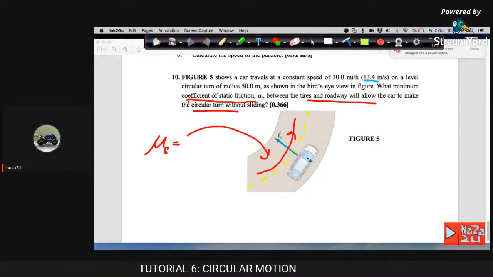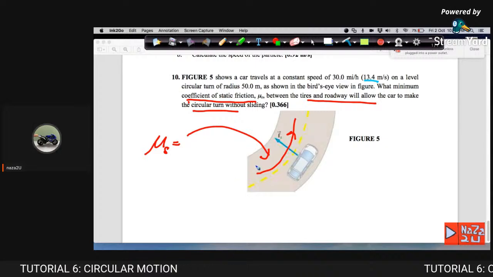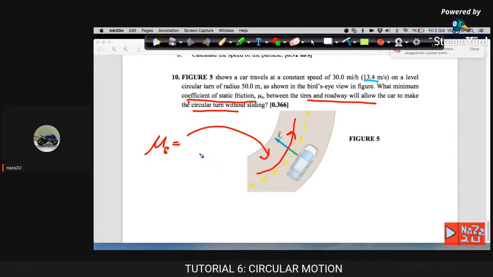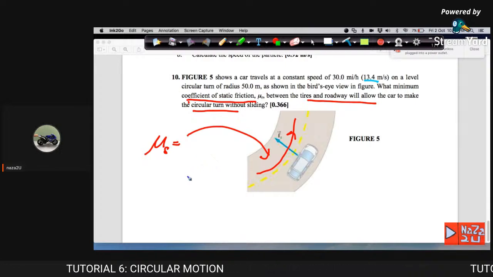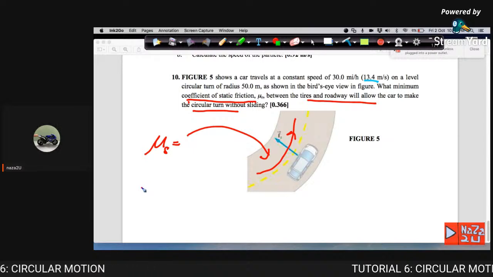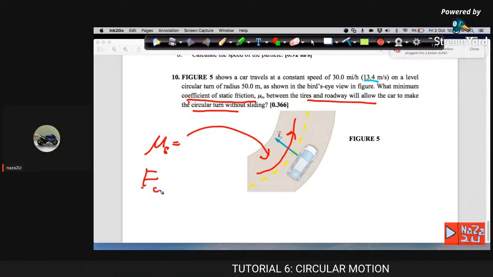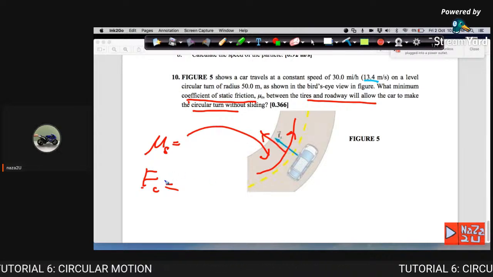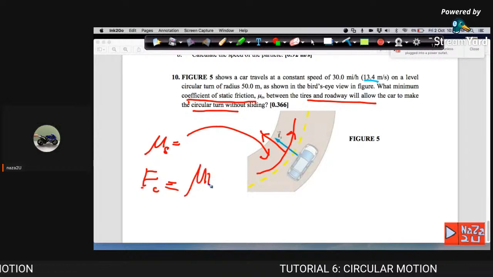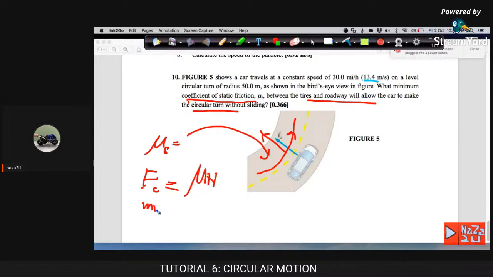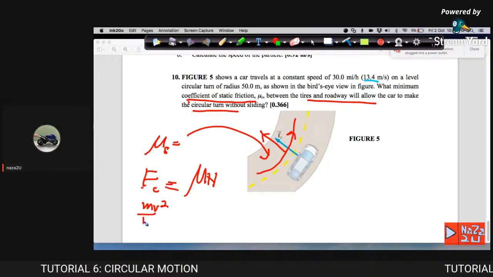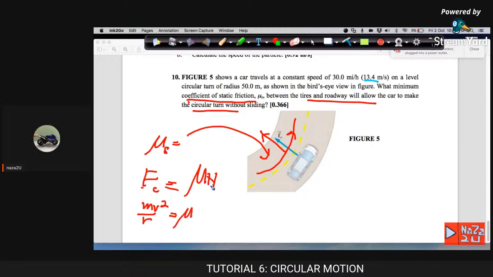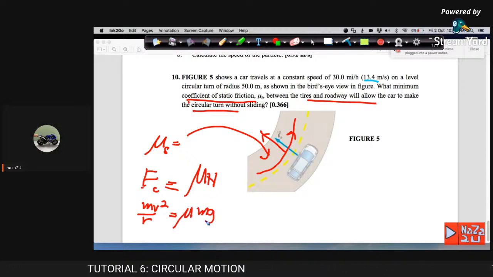Sama juga kalau kita tengok proses kat sini, untuk kereta ni melalui selekor, kita guna perkaitan apa tadi? Kita akan guna perkaitan di antara centripetal force FC ke dalam, is equal to mu N. So centripetal force is equal to mv square divided by R, and the N is equal to mg.